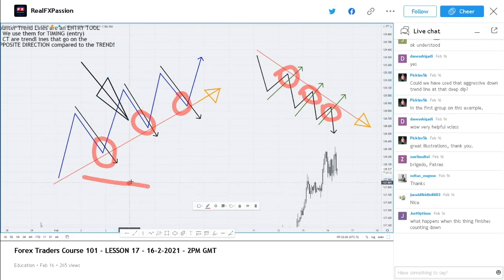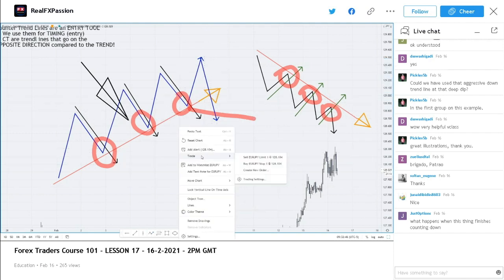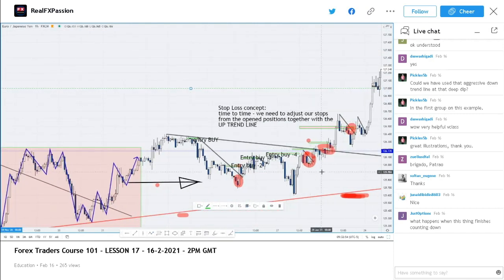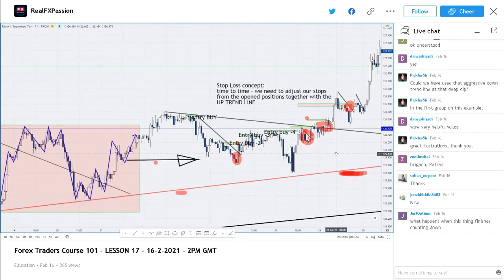Every time that the market moves, we just adjust our stop loss, adjust our stop loss, adjust our stop loss. And sure, sooner or later we are going to have a loser, right? Because the next retracement must come. But we are winning on all those positions because of the stop loss, right? Yes, we are in profit.